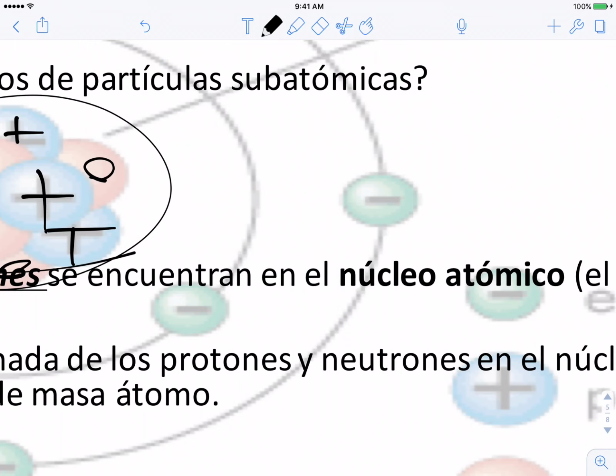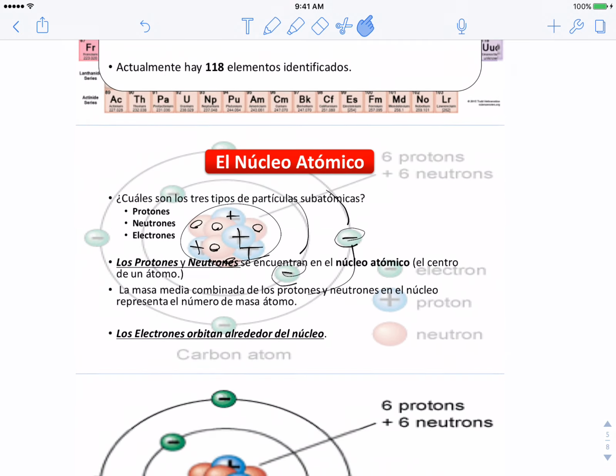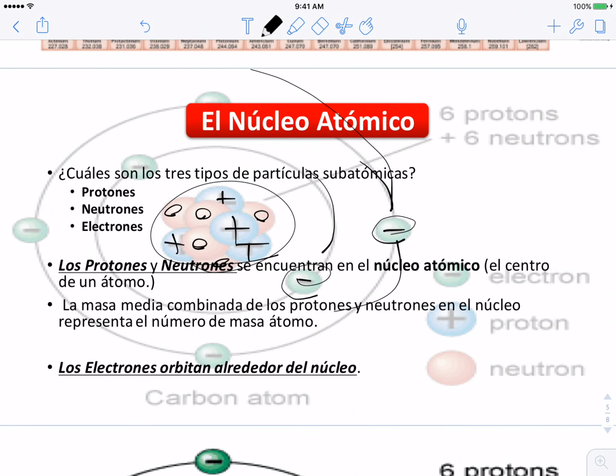So, una carga negativa. This would be a negative charge, and they are orbiting around the atom. Okay, so orbitan alrededor del centro del átomo. So these guys go like that, okay?